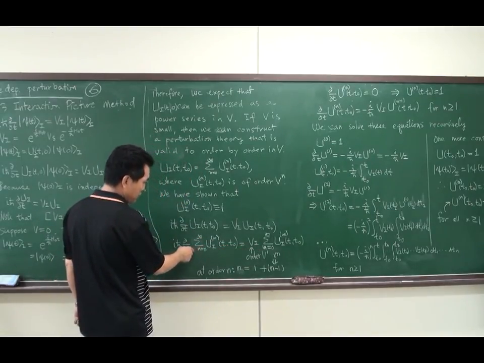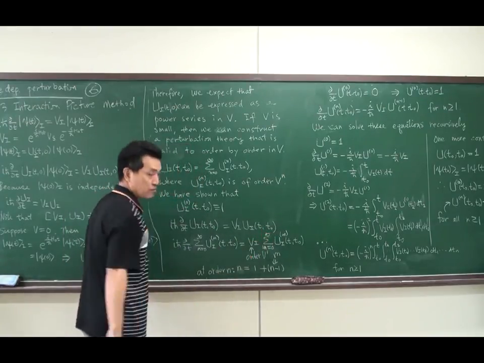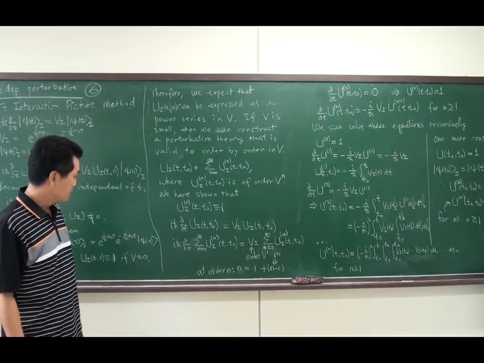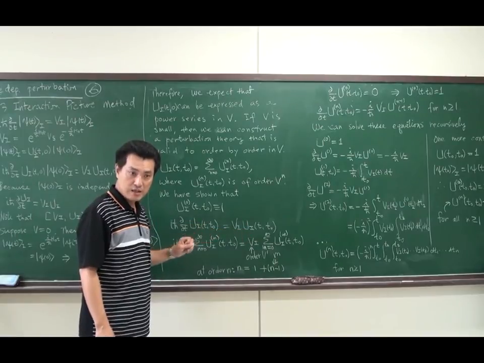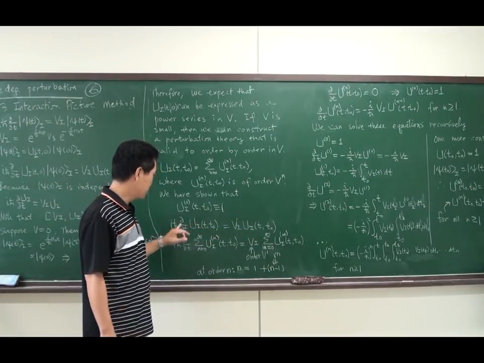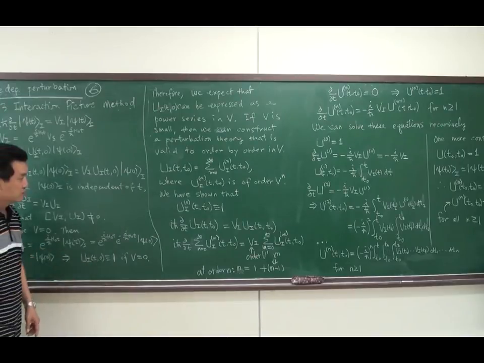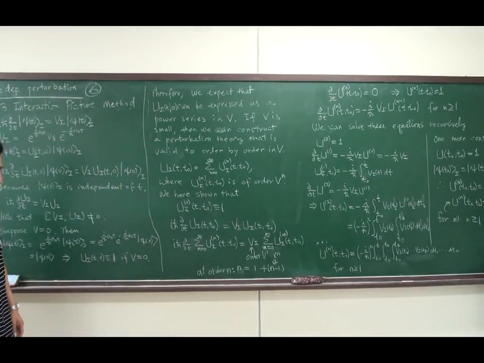When n equals 0, this is zeroth order, and no such term appears on the right hand side. That means the time derivative of the zeroth order is 0, and we have a constant value for the zeroth order, and our constraint is that at zeroth order, if V equals 0, the operator must be 1. So the solution is 1.